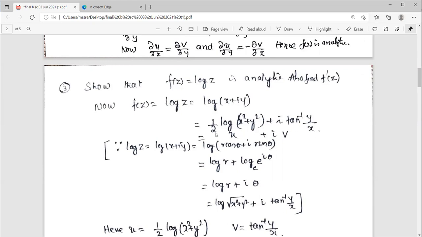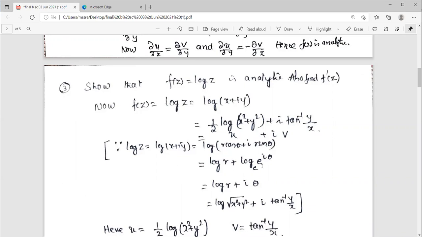What I had given you earlier is to separate log z into real and imaginary parts. So I have separated this as real and imaginary parts. That is, log z is log of x plus iy, that is log of r into cos theta plus i sin theta.